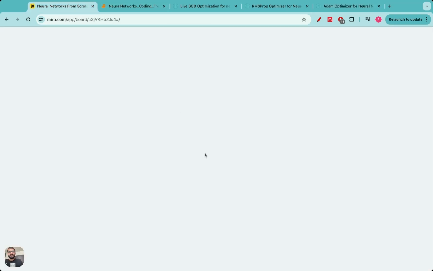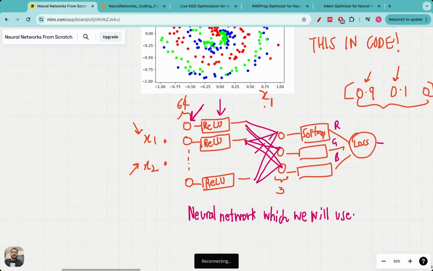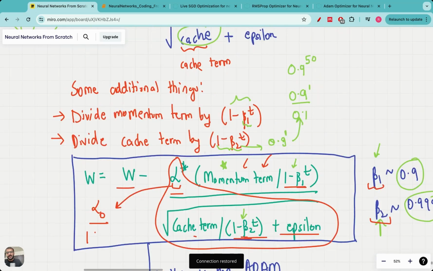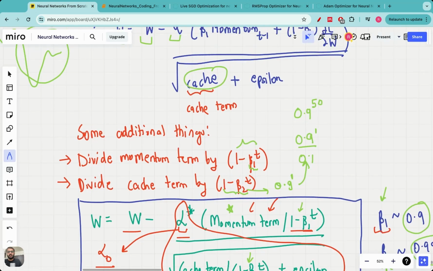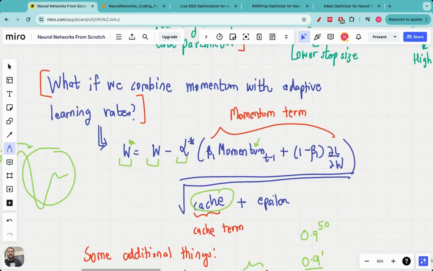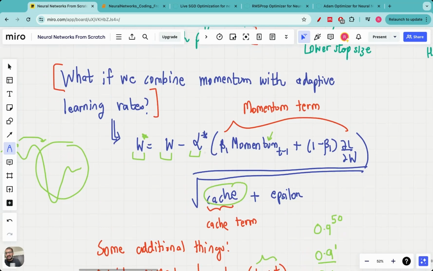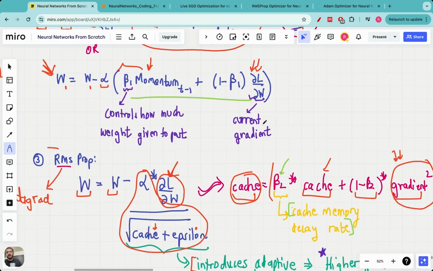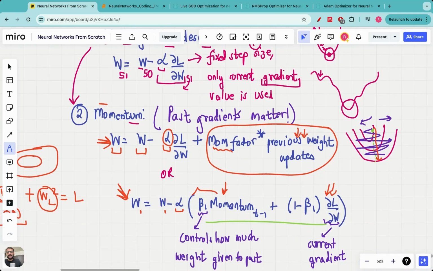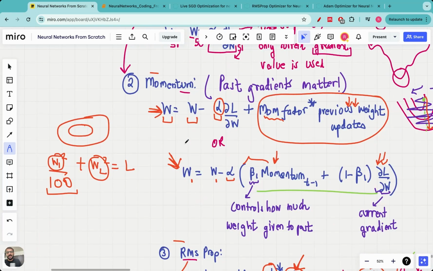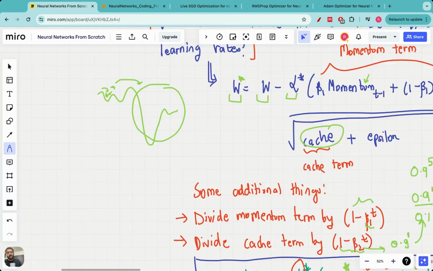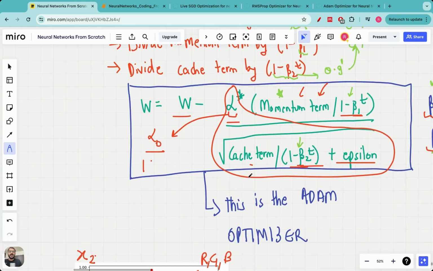Okay, so thank you so much everyone for attending this lecture. I tried to explain Adam right from the basics, and I tried to motivate the concept of Adam through first showing you gradient descent, then momentum, then the cache term, and then showing you how all of these contribute together to lead to the Adam optimizer.